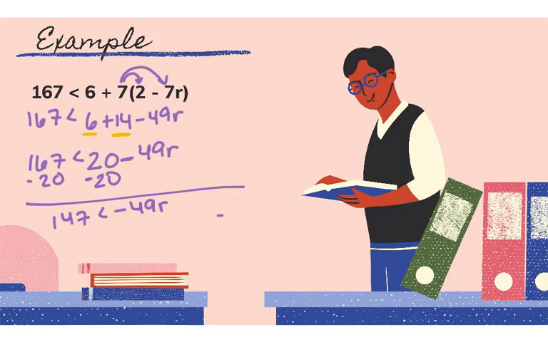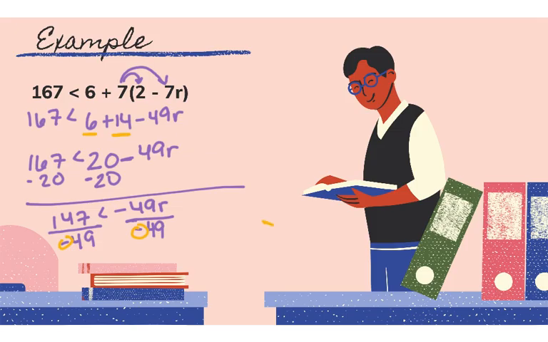Again, now we have a negative 49 times r. Well, the inverse operation of multiplication is division, so we're going to divide both sides by negative 49, but because this is a negative number, we've got to switch the sign. So I'm going to come over here to the side because I'm running out of room.